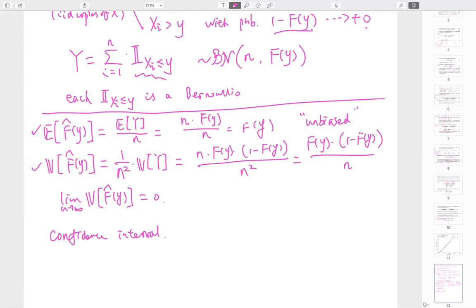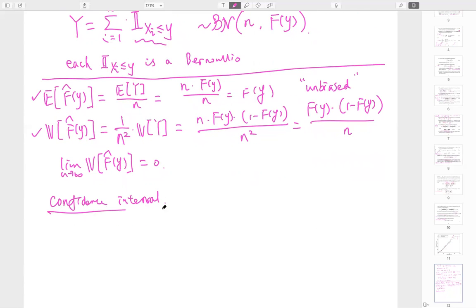We know it's a binomial, but we always try to use the normal distribution to help us construct the confidence interval.